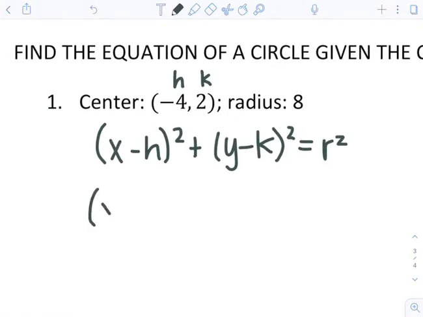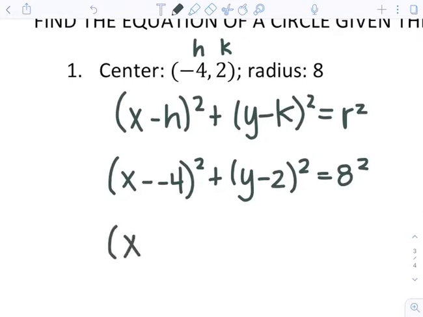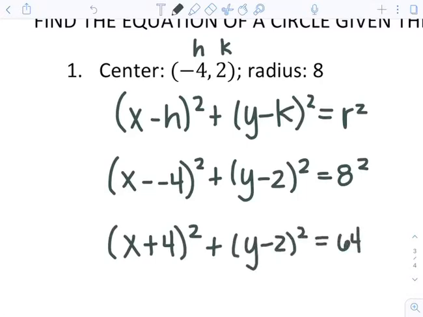So I have x minus -4 because it's minus whatever h is. Well, h is -4, squared, plus y minus whatever k is, equals 8 squared. So my equation is going to be (x plus 4) squared plus (y minus 2) squared equals 64.